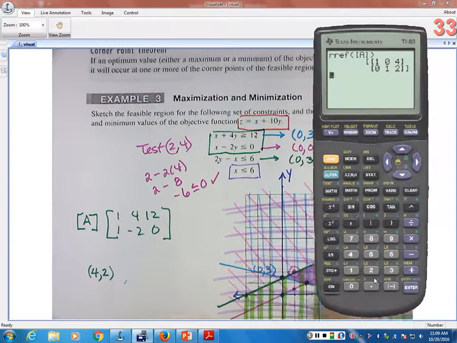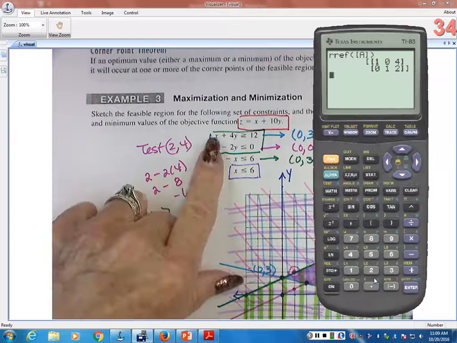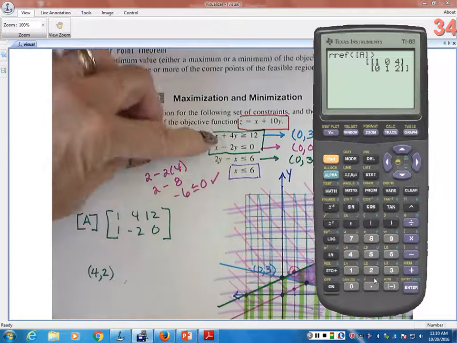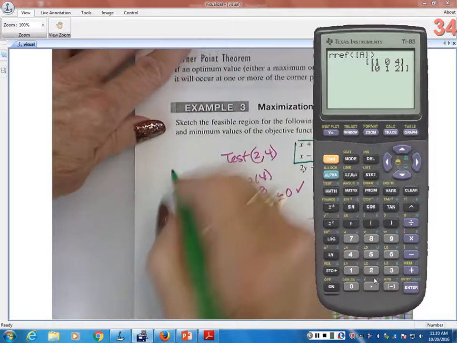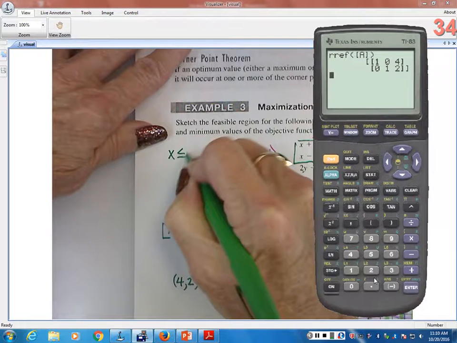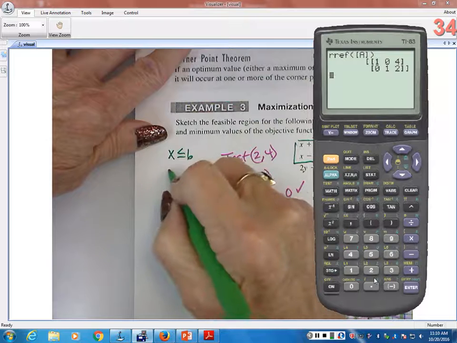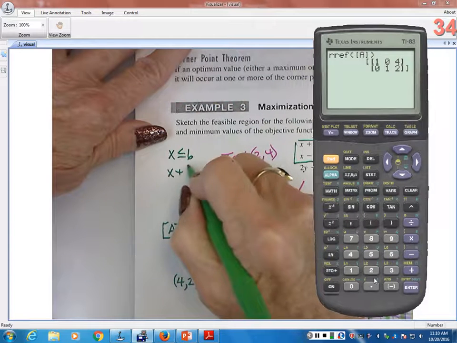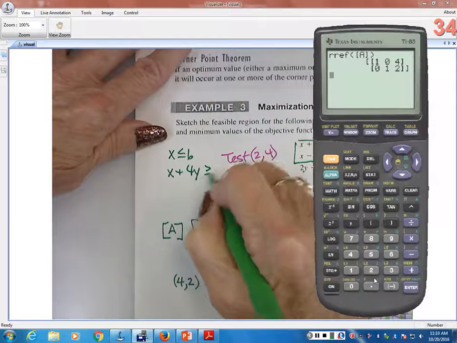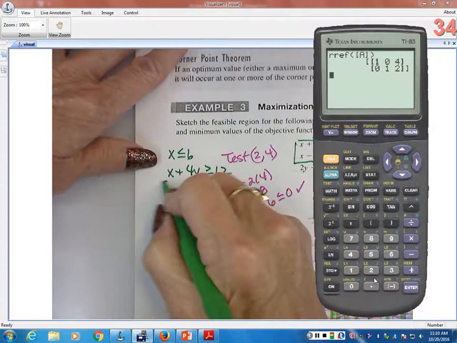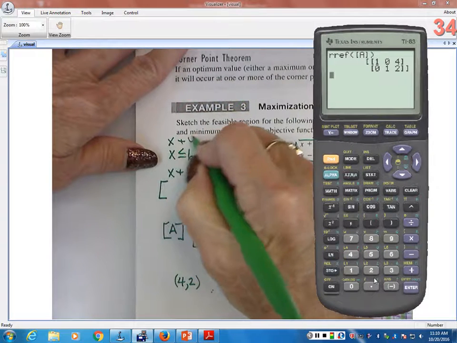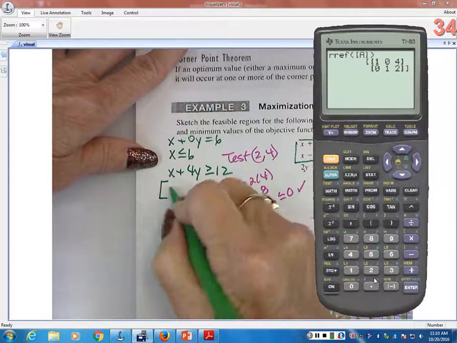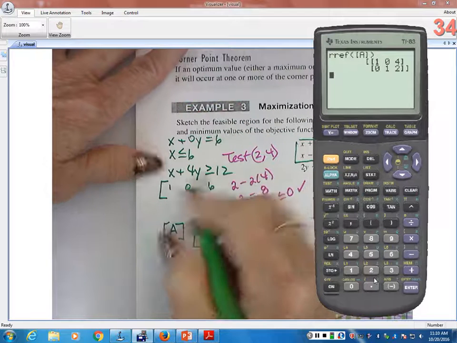So we need this corner point. And that's where x is equal to or less than 6 crosses x plus 4y is equal to or greater than 12. So our matrix would look like this. That's actually x plus 0y equals 6. So 1, 0, 6, and then 1, 4, 12.